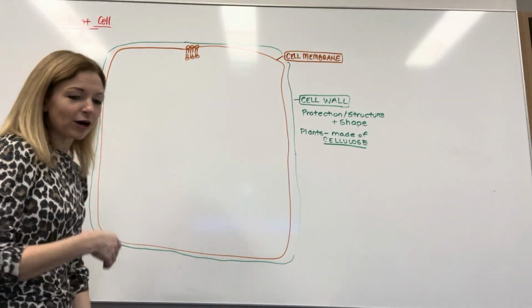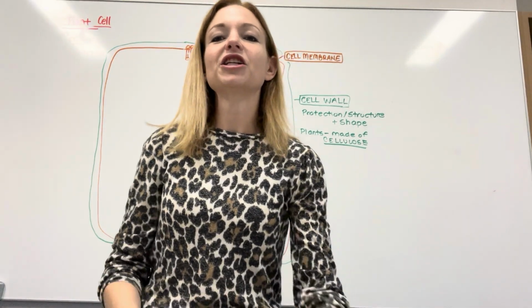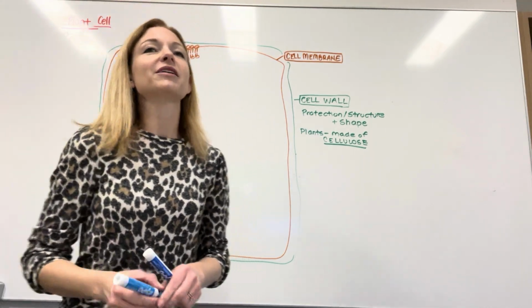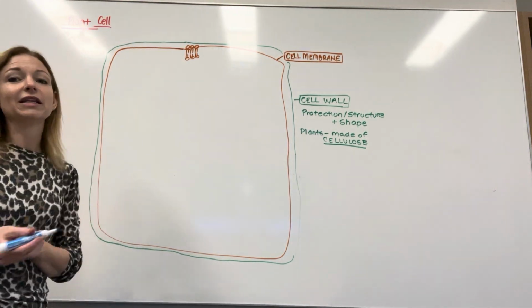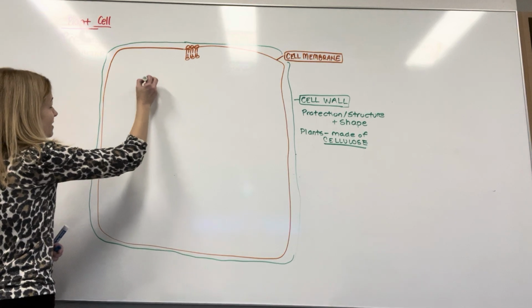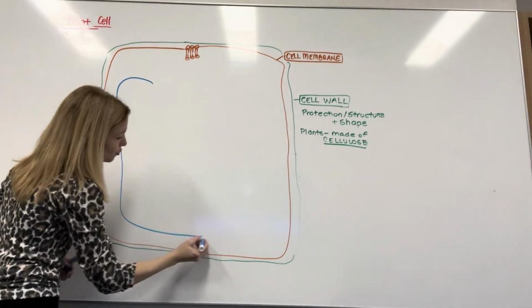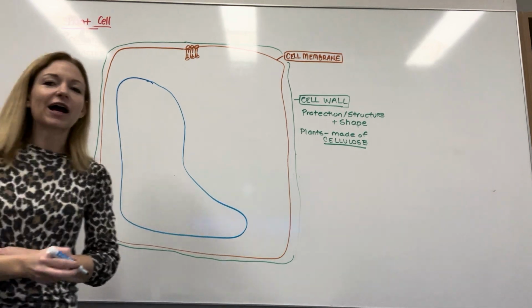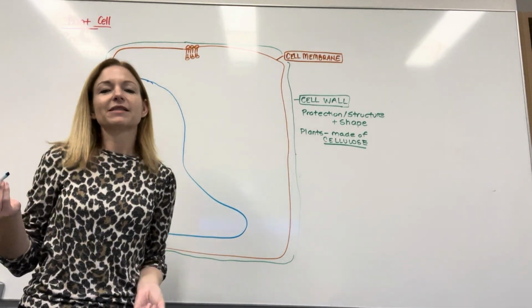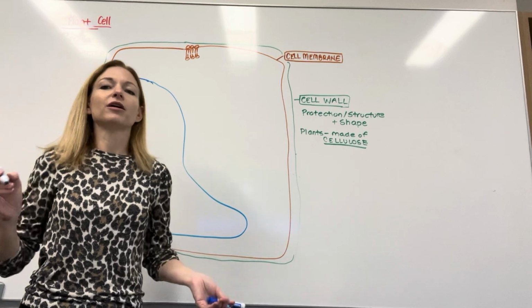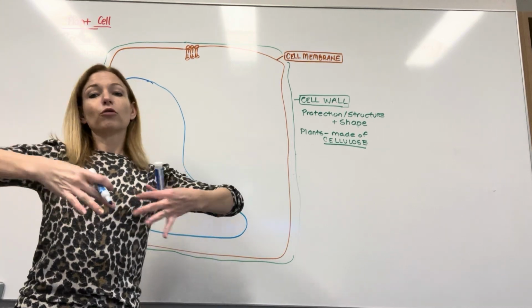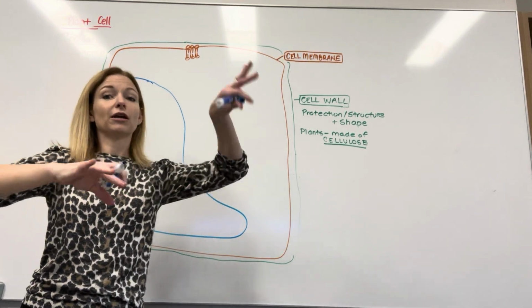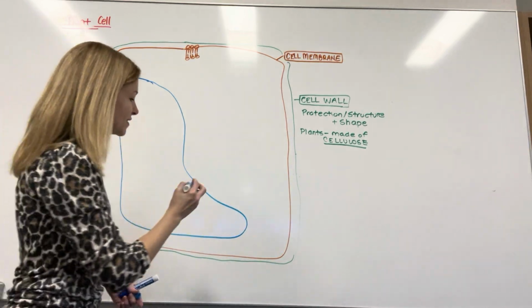Okay, so before I draw the nucleus, I'm actually going to change it up for this one, because plant cells have a really large vacuole that often pushes the nucleus even to the side. So they'll have one really large vacuole. And when you look at plant cells in the microscope, sometimes it can even be hard to see the nucleus, because if the vacuole is really full, it can basically be pushing it all the way out, reducing its visibility.